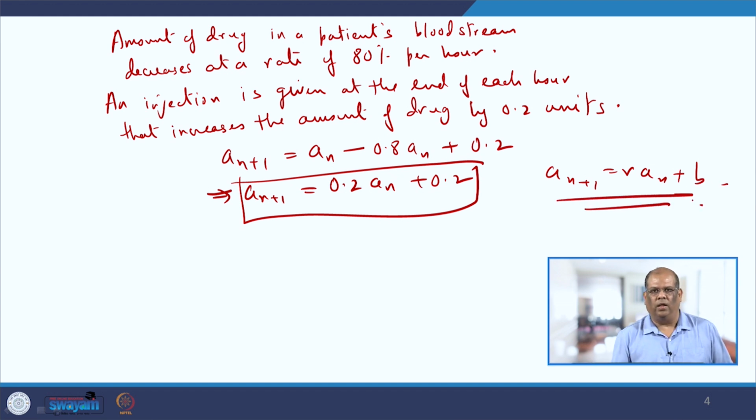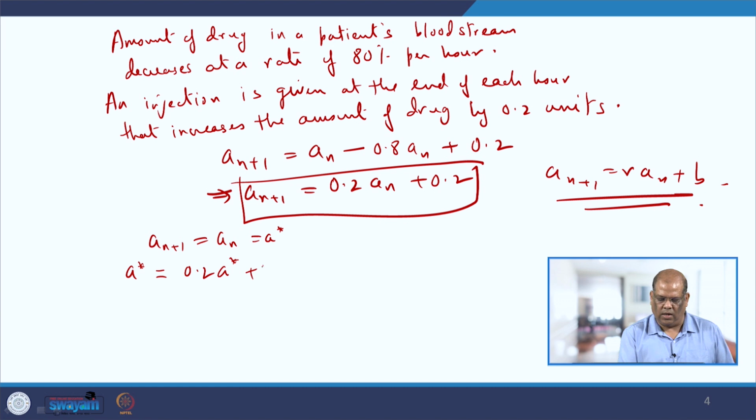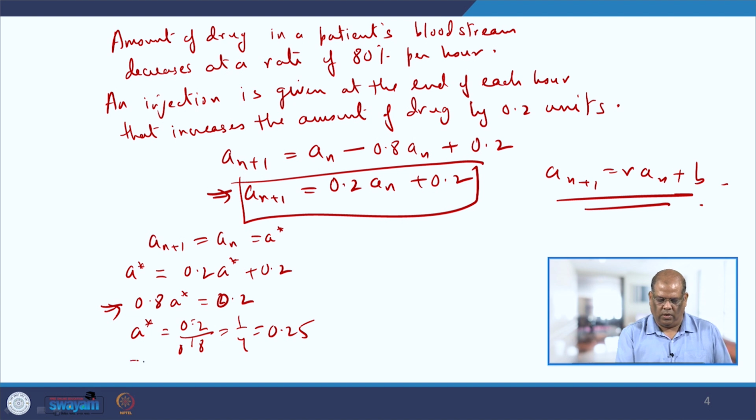If you want to find the equilibrium solution, you can easily put A n plus 1 equal to A n equal to some A star, and you will get A star equals 0.2 A star plus 0.2, and you can calculate 0.8 A star equals 0.2, and your A star is 0.2 by 0.8, 1 by 4, 0.25.